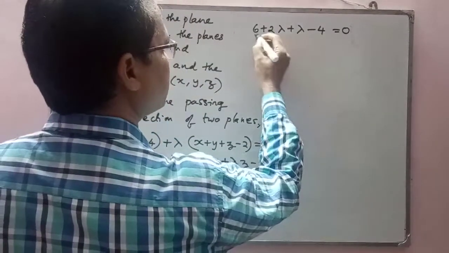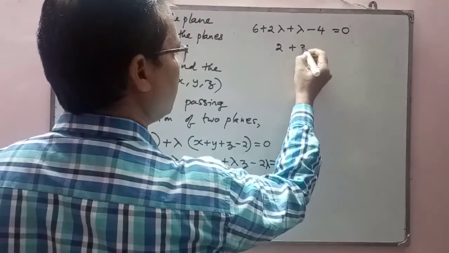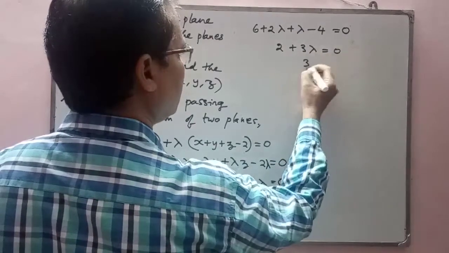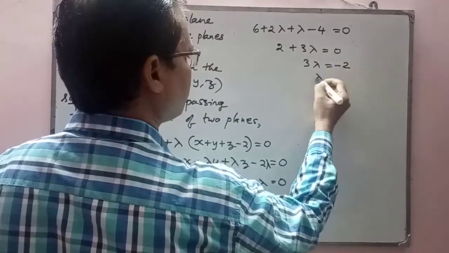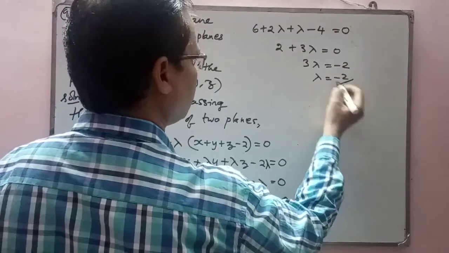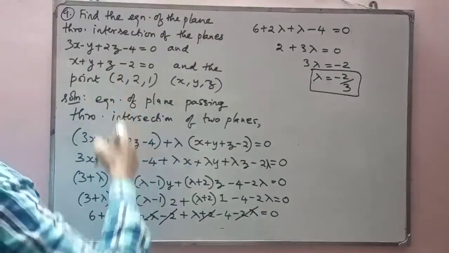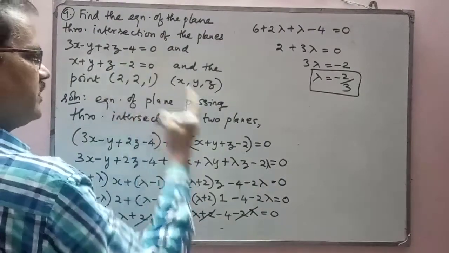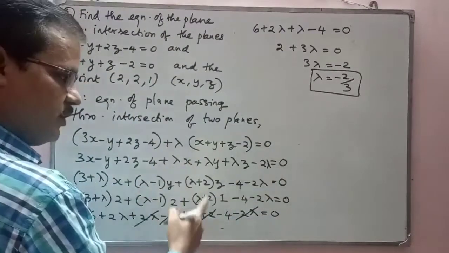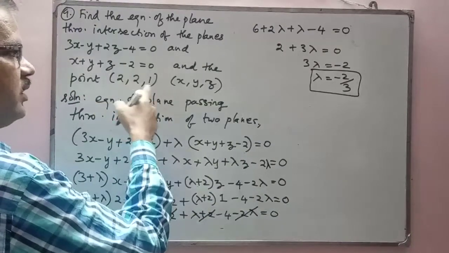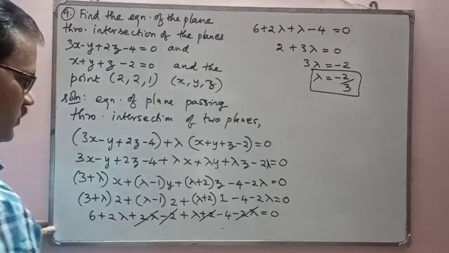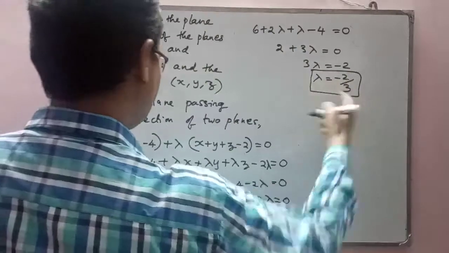So 6 minus 4 is 2, plus 3 lambda equals 0. 3 lambda equals minus 2. Lambda is equal to minus 2 by 3. Okay, first you write the first Cartesian equation plus lambda into the second equation equal to 0. Then simplify it. Then you will be given a clue to find lambda. Now lambda equals minus 2 by 3 we found.